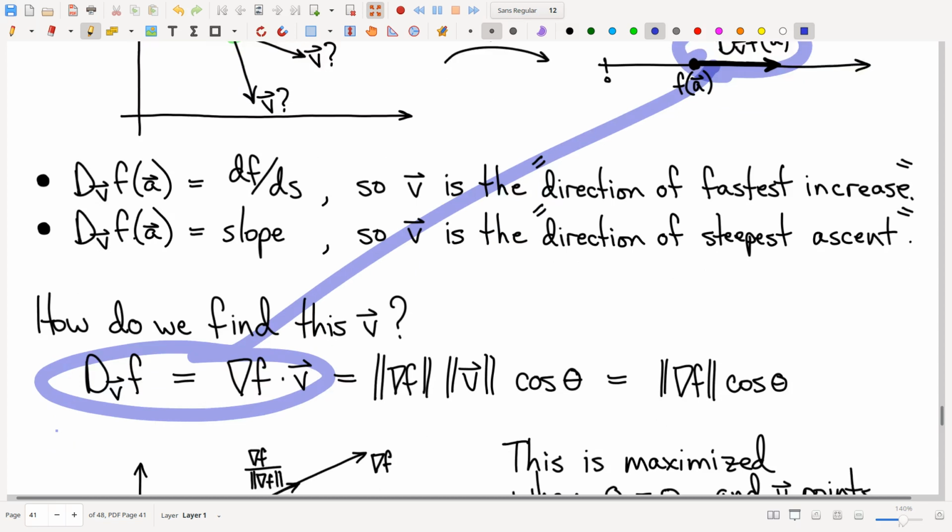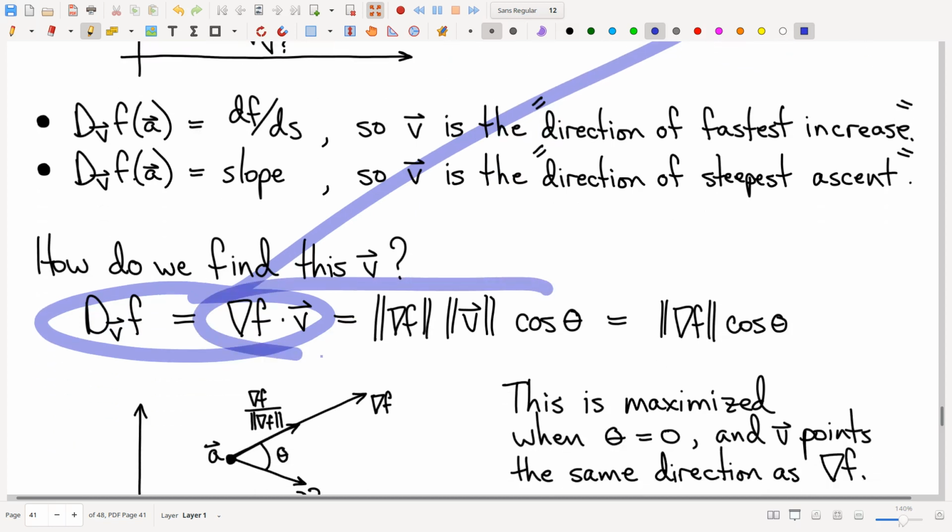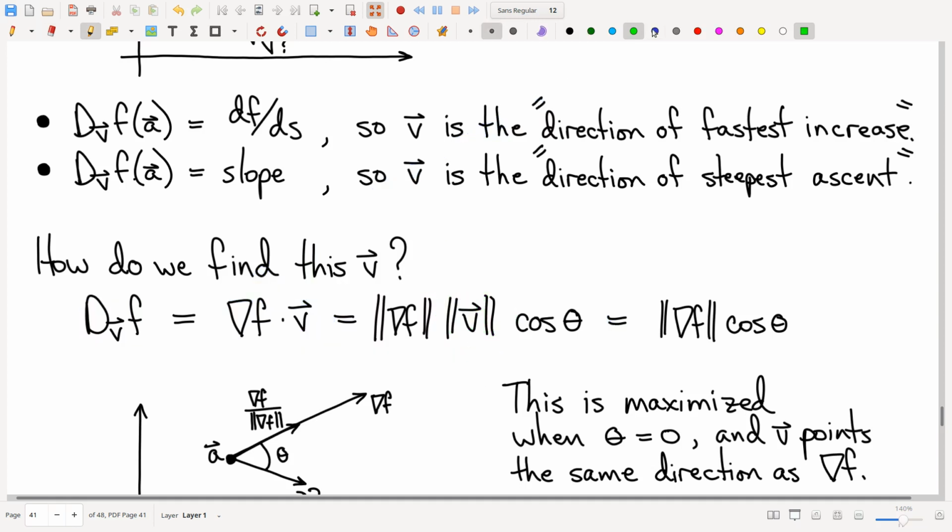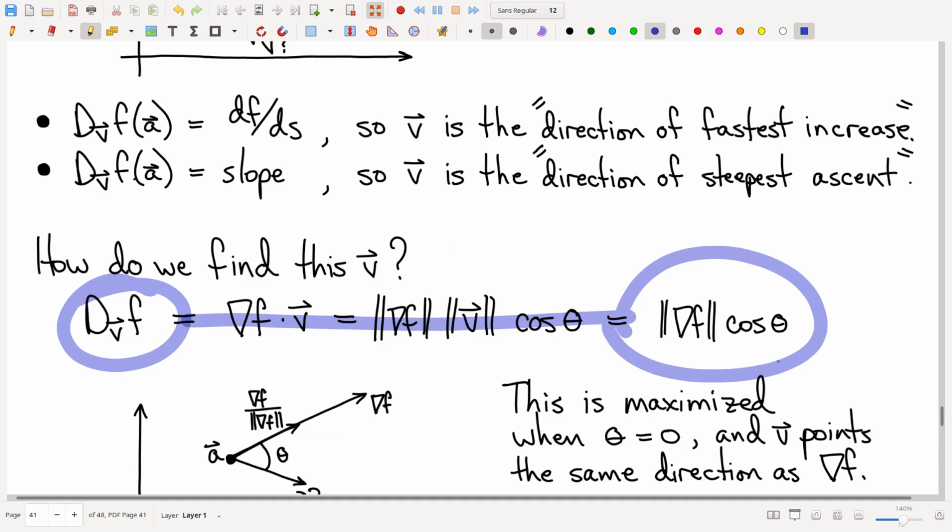Dot products are computed as magnitude times cosine of the angle between them. Keep in mind, we're talking about these v vectors being unit vectors only, so this entire magnitude here is just 1. So we can throw away that factor. Doesn't do anything. So really, the thing that we're trying to maximize, and keep in mind, we're trying to make that as big as possible. Effectively, then, that means that we're trying to make this as big as possible.